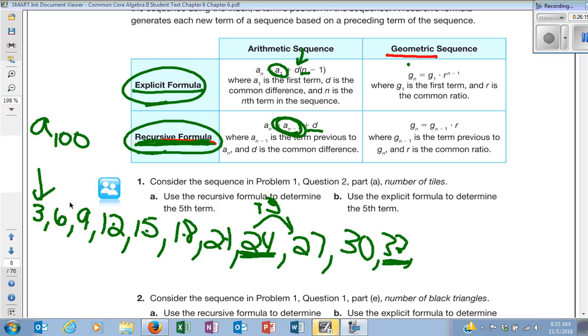For geometric, the explicit will find any term in your pattern. All you have to have is, what do you think G of 1 stands for? The first one. What does R stand for? The common ratio, what you were multiplying by, and the term you want to find.